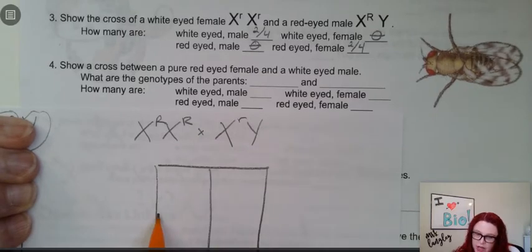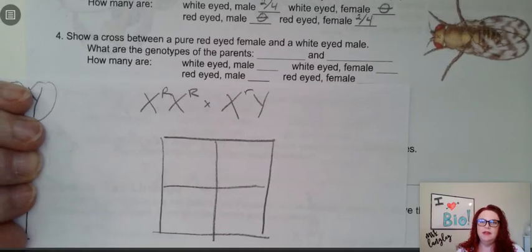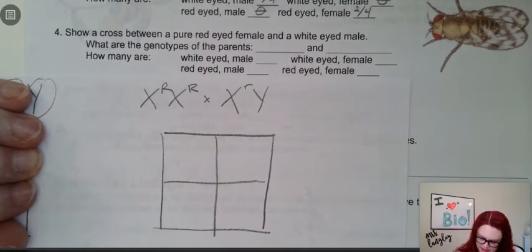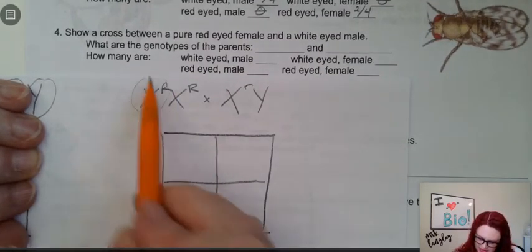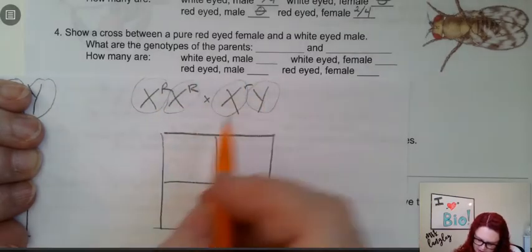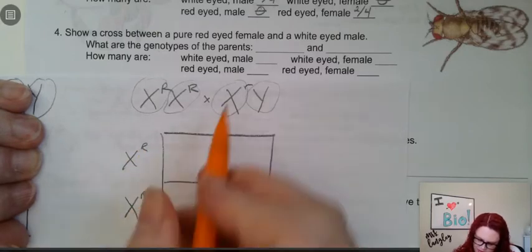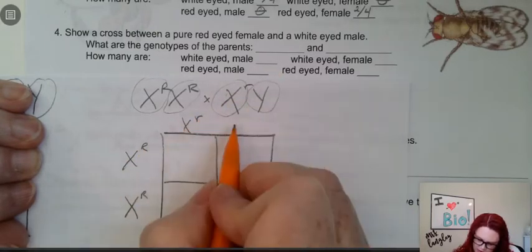To do my cross, I have to determine my gametes. This stays together, this stays together, that, and that. So I have X with a big R, X with a big R, X with a little r, and a Y.